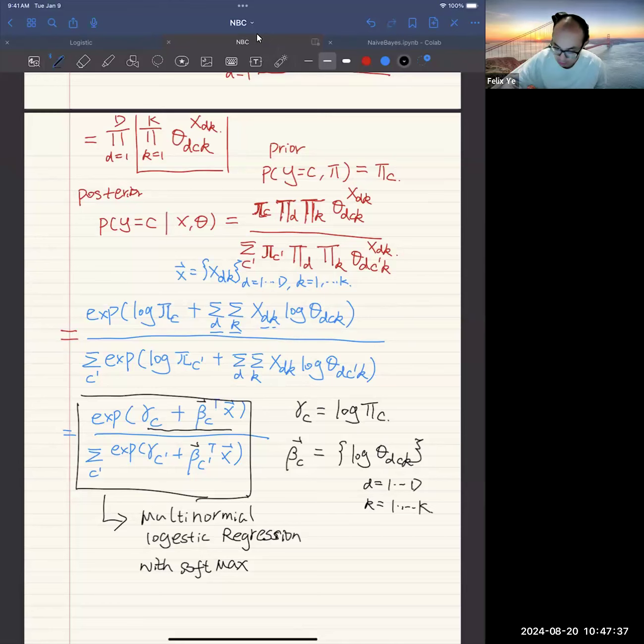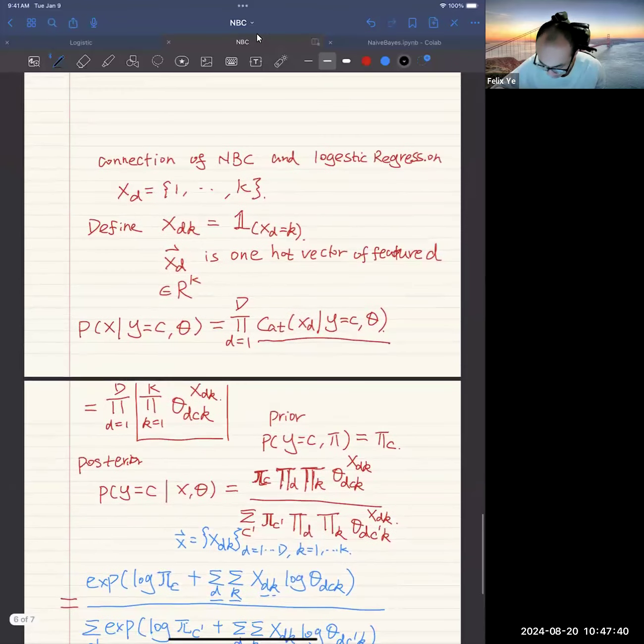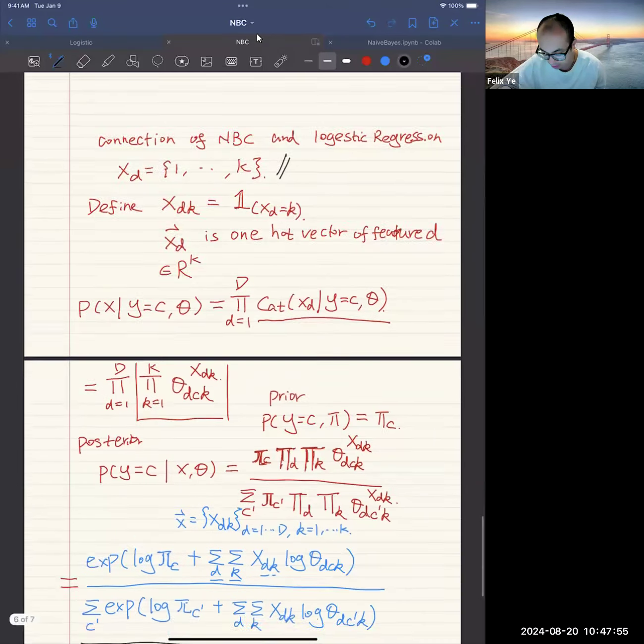So here we assume this is a discrete variable that has K states. And actually this result holds for other feature distributions as far as they are in the exponential family.